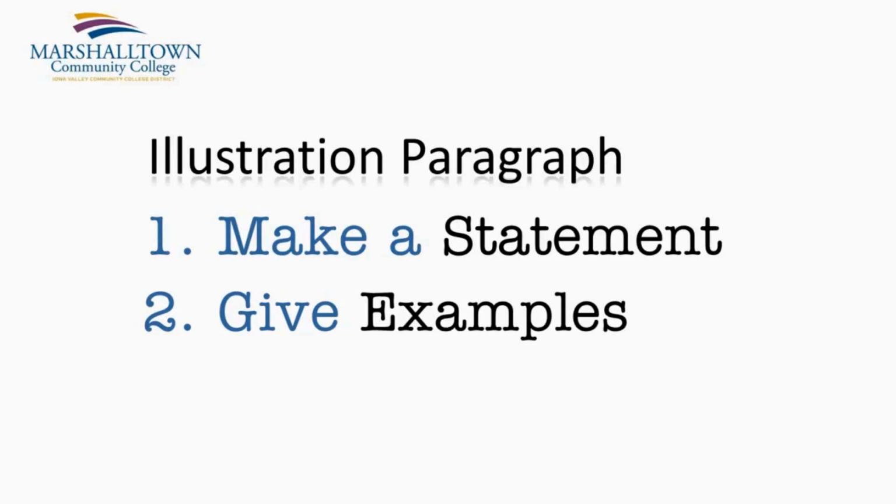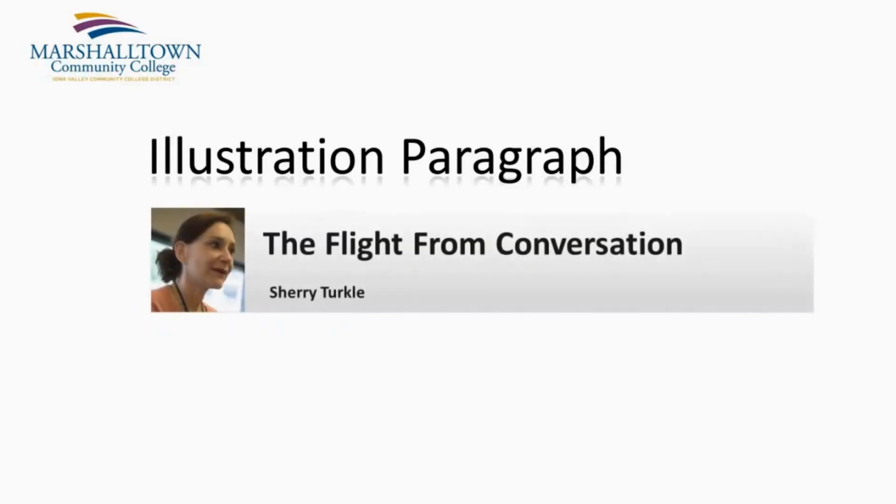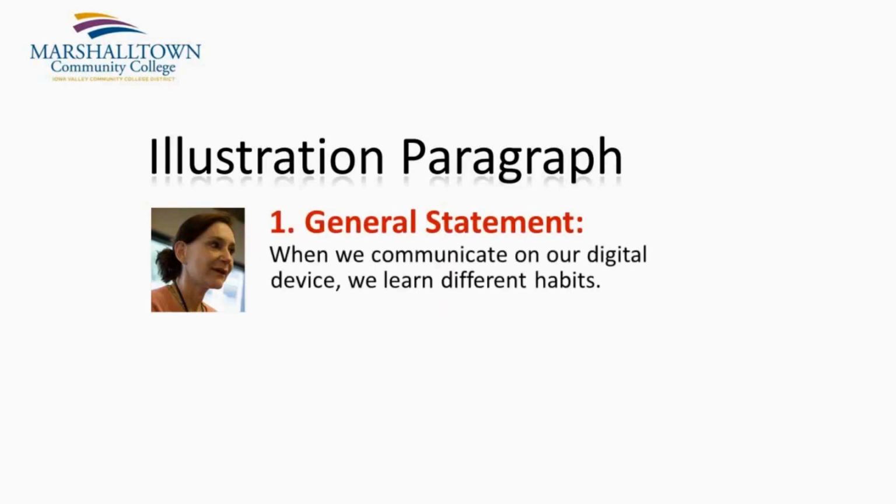Now, a really good example of this type of writing is in the essay I had you read last week by Sherry Turkle. If you recall her essay, she was making a lot of general statements and claims about using cell phones and texting. For example, in one paragraph, she writes, "When we communicate on our digital devices, we learn different habits."